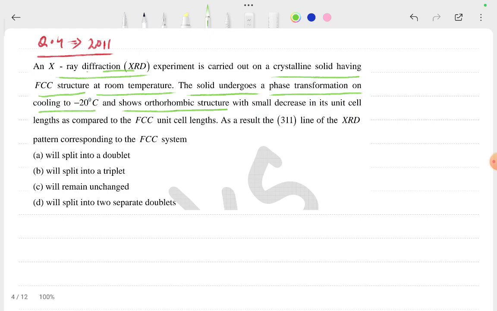With a small decrease in its unit cell length as compared to the FCC unit cell length.